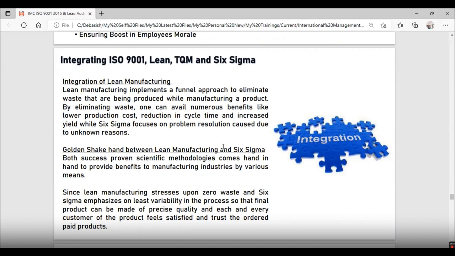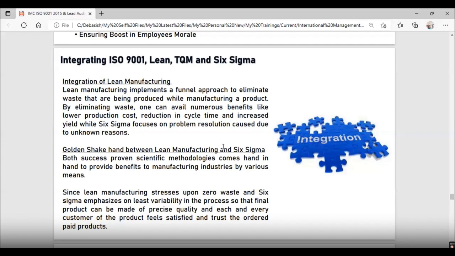What is the golden handshake between lean manufacturing and the Six Sigma program? Both these initiatives, and their success, proven scientific methodologies, come hand in hand to provide benefits to manufacturing industries by various means.